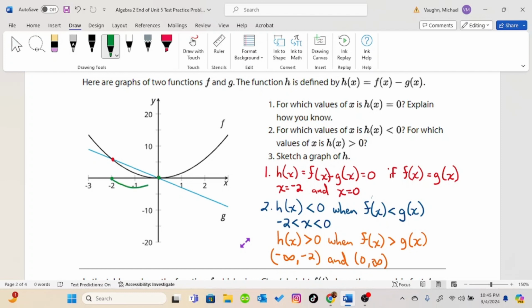So we can connect them here. And then we said both directions after that would be positive. So we could draw the line going up and the line going up. And this would be h of x.